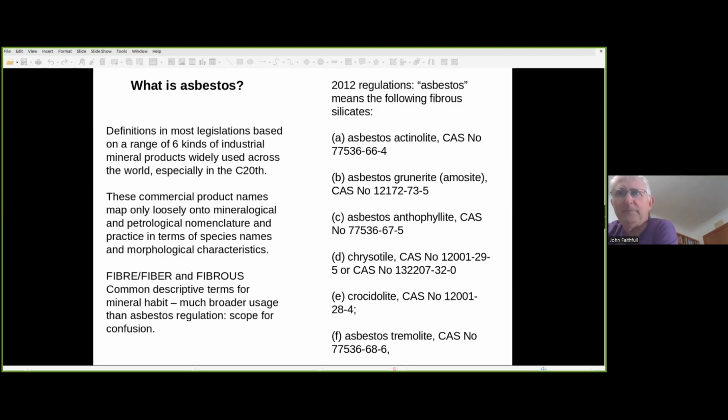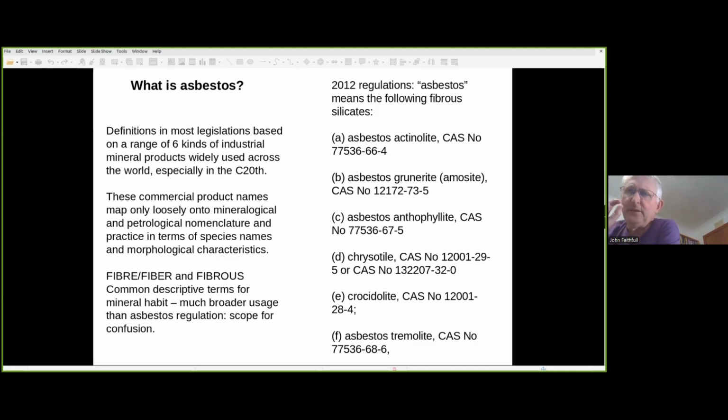But I think the ambiguity in terms of what fibre means is another thing which we have to be aware of when we're looking at these issues.